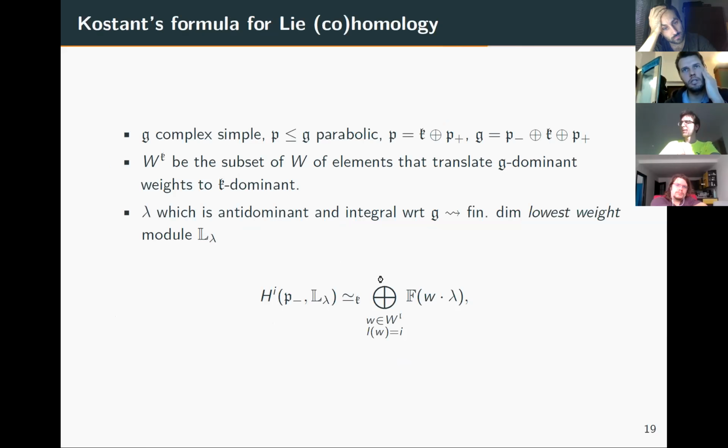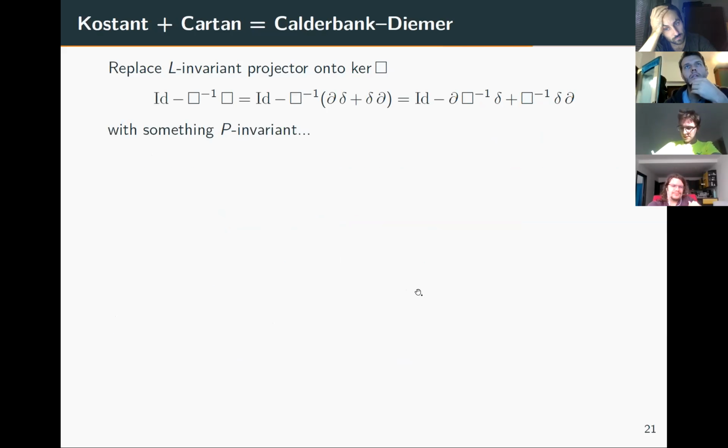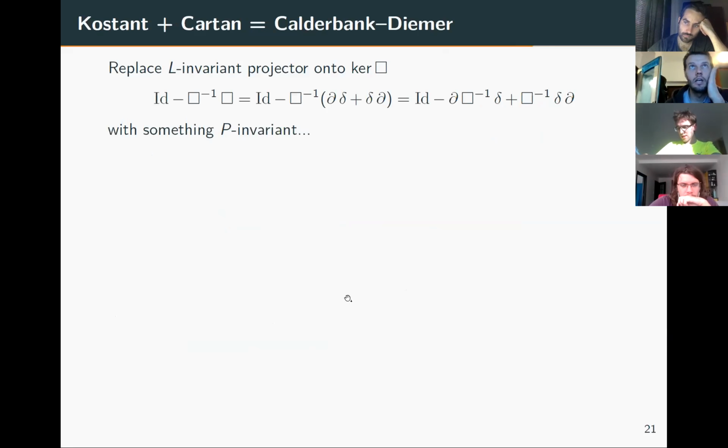So you can write the projector like this. The problem is that this projector is not P invariant, so it won't give you a well-defined operator on these bundles, because we have to associate these operators to P representations, and when this is not P invariant, it's not well defined, right?